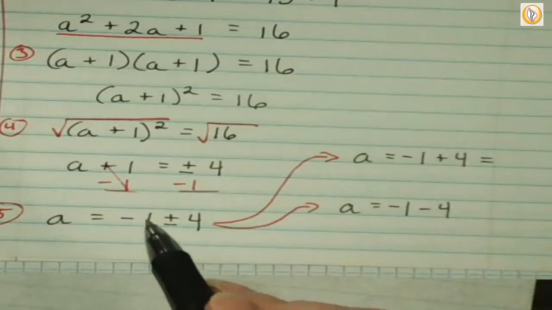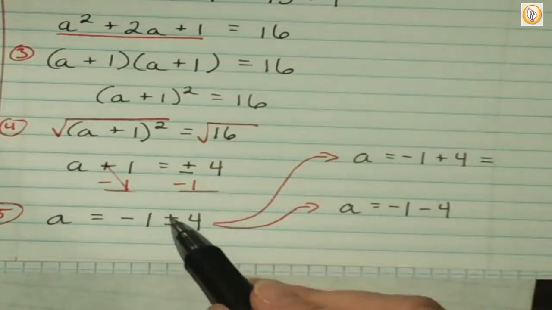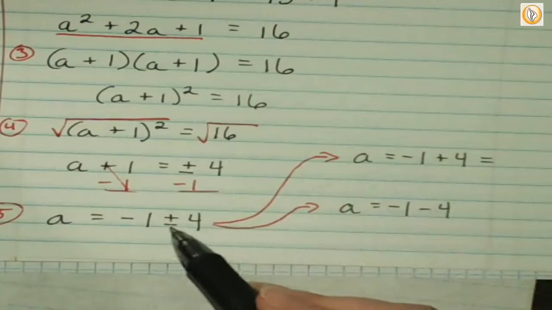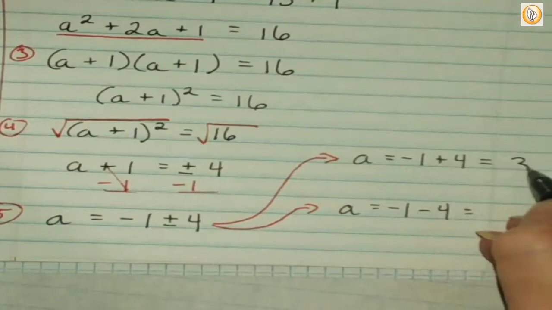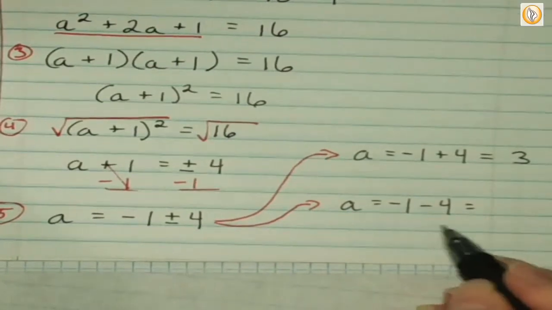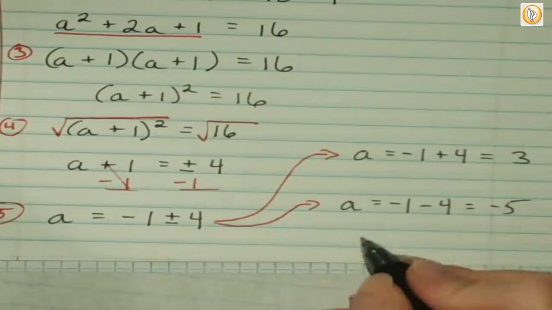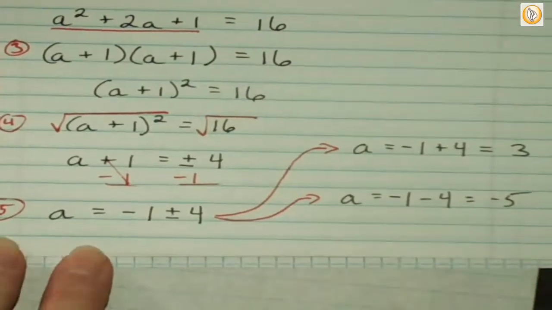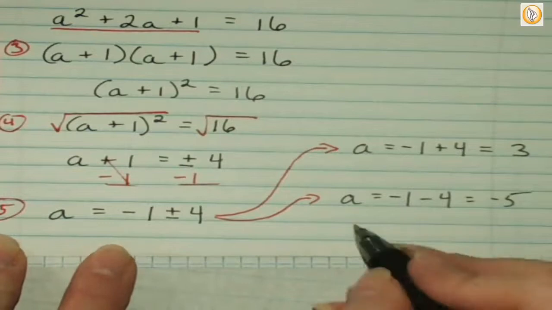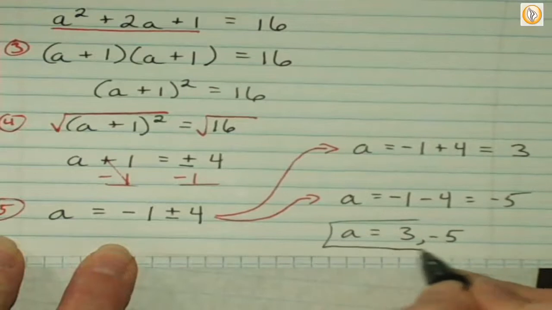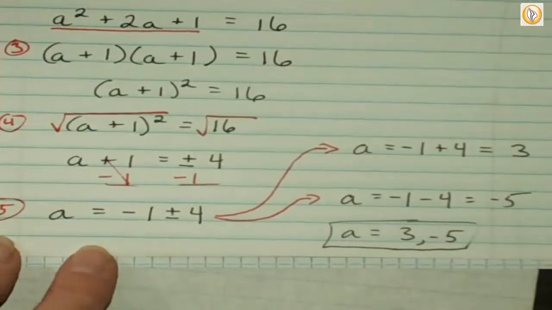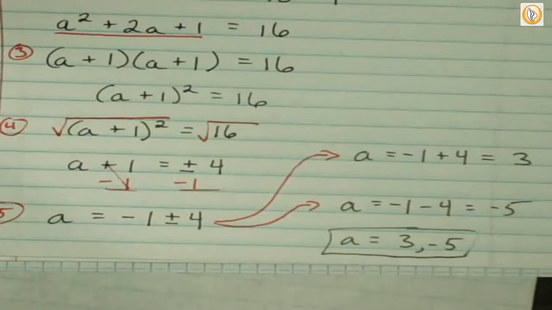We got to split them up because of this plus and minus. So negative 1 plus 4 is 3. Negative 1 and negative 4 is negative 5. So the answer is a equals 3 and negative 5. So it's really the same stuff you did yesterday, but we're just adding step 2.